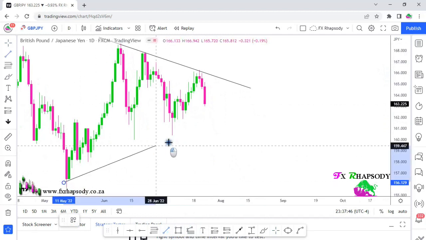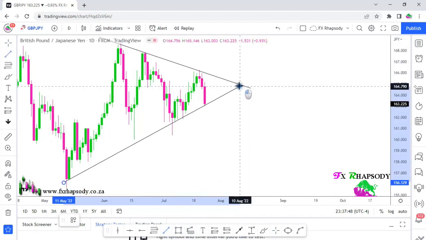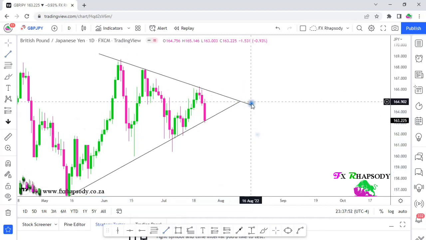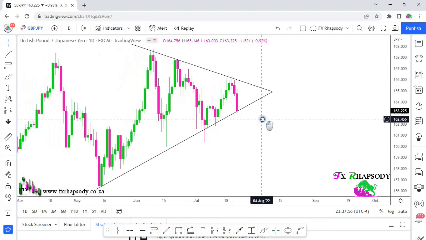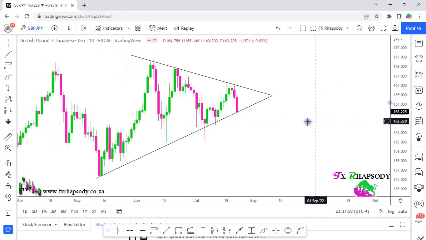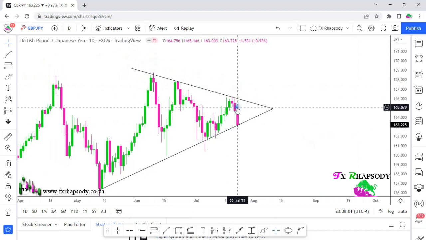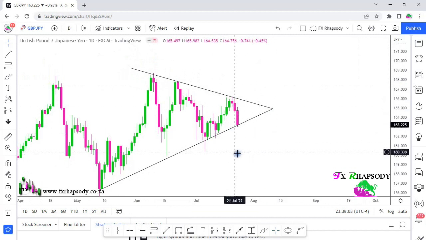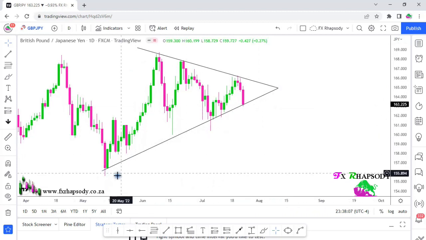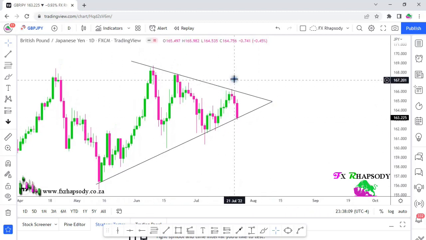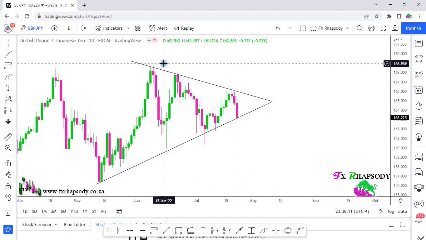And as you can see, these two trend lines have been respected by price, and then we're just waiting for some type of a breakout out of these areas, and then a continuation either downwards or upwards. Liquidity lying down here, and then also up there, and then all the way up there.